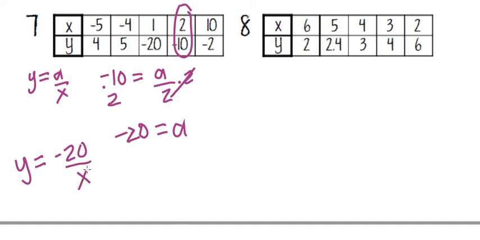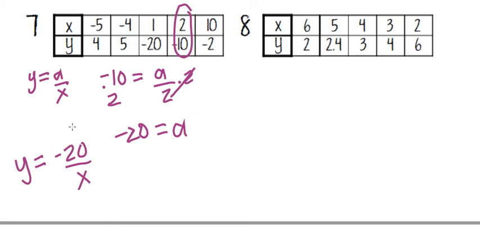So if you look at this equation here, your a value is always going to be equal to whatever x times y is. Because if you do this number divided by x and get some y value, well, if you do that same number divided by y, you'd get that x value, and that's because x times y is going to equal that a value.